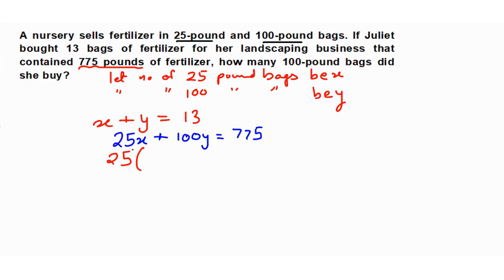But if you take 25 common from this side, you'll get x plus 4y is equal to 775. You can divide by this 25 on the other side. That will give you x plus 4y is equal to 775 upon 25. Now 775 upon 25 is 31.